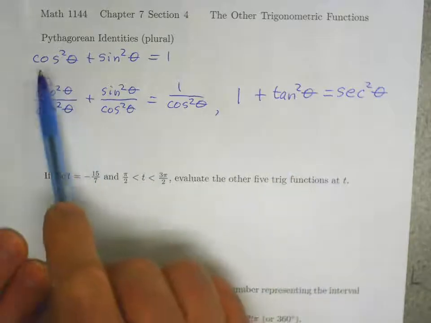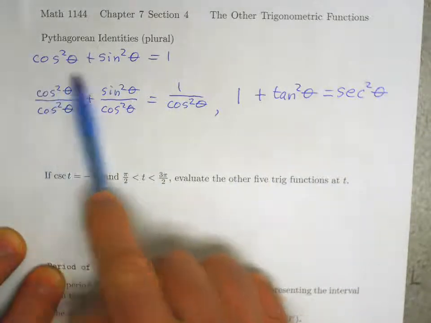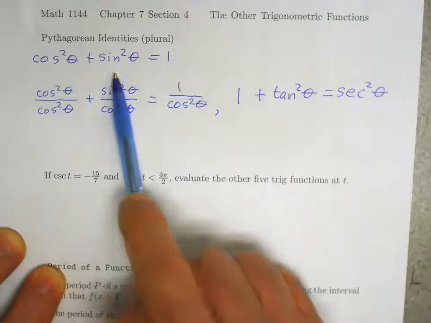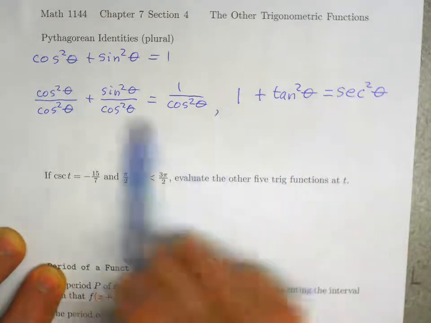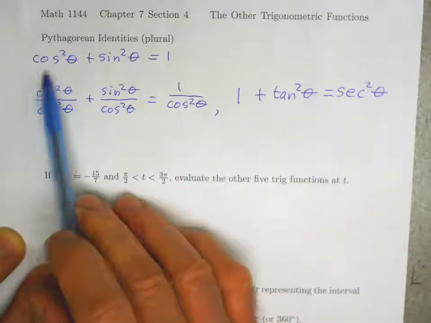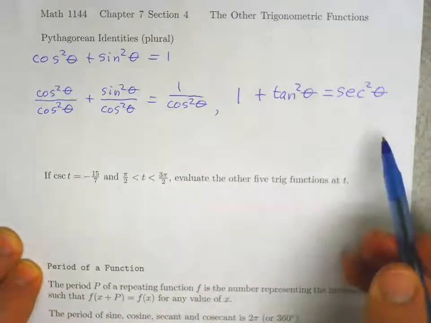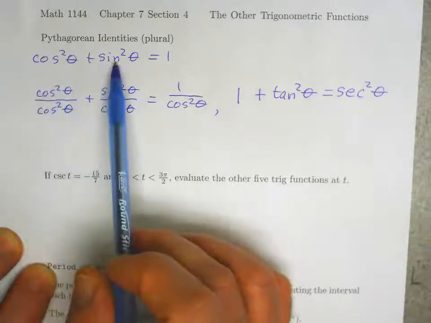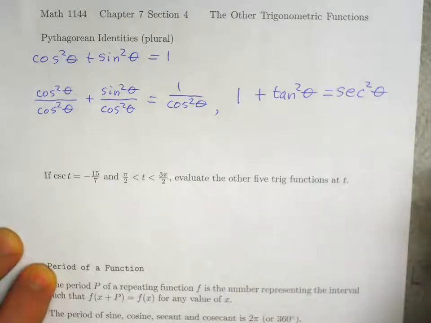But the nice thing about the Pythagorean identities, if you know this one, everybody should know this Pythagorean identity, you can always derive the other two. So we derive this one by dividing every term on both sides by cosine of theta squared. Then the third one is what we get when we divide every term on both sides of this equation by sine of theta squared.